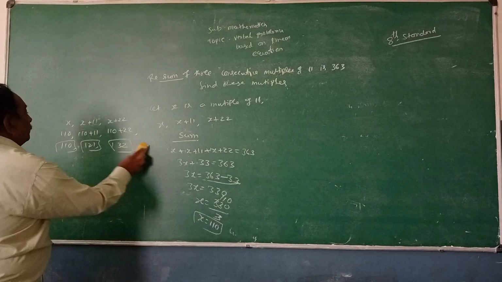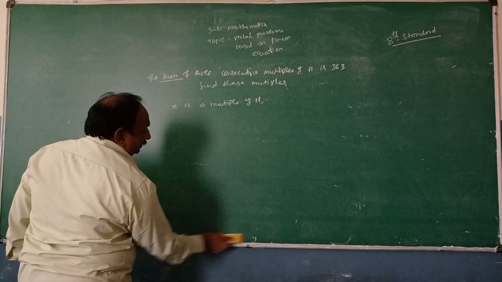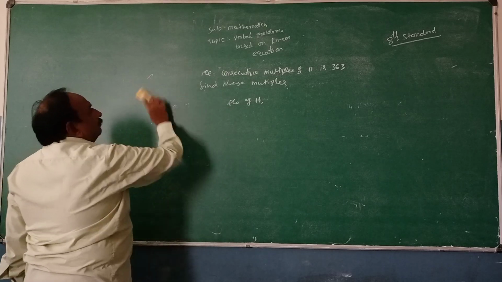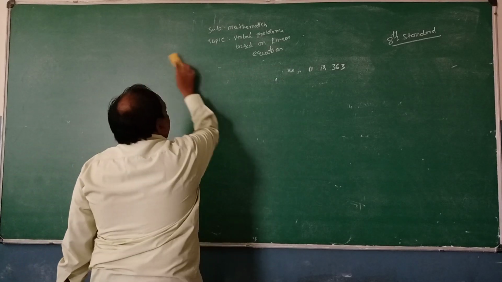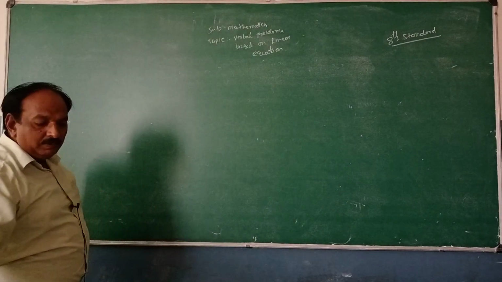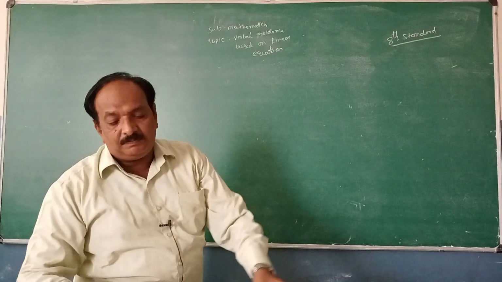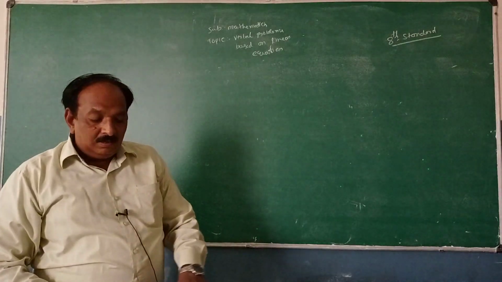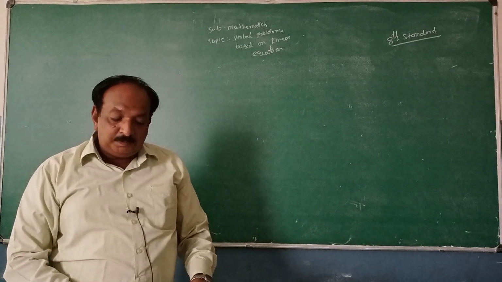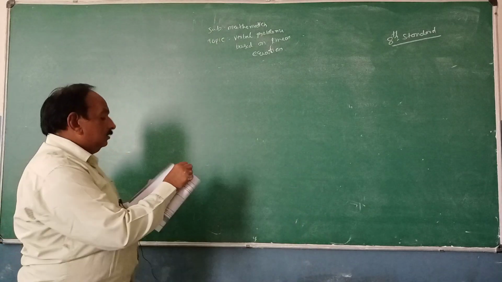I think you should all work out these problems and make notes. Whatever problem I solve, what you are going to do is work out each problem two to three times. Okay. Next problem. The sum of two numbers is 74.